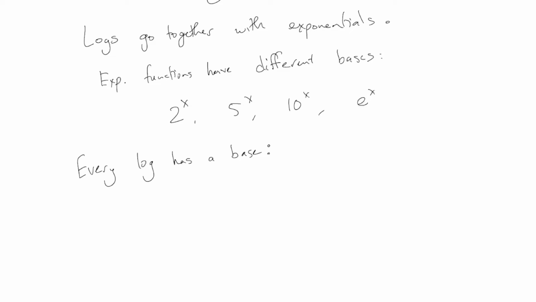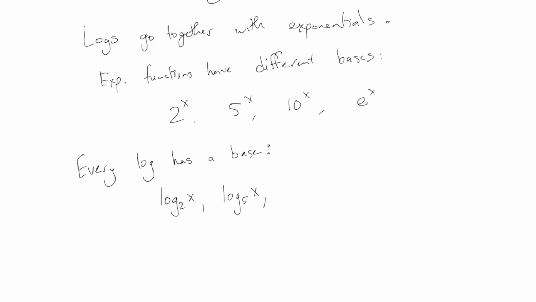There are many different logarithms. The one which goes together with the exponential function 2 to the x is written like this, and I say the log base 2 of x. There's a base 2 logarithm, there's a base 5 logarithm, etc. Log base 5 of x.